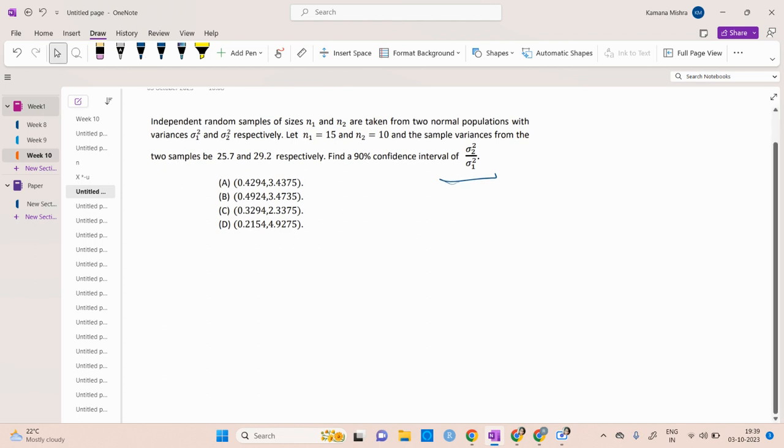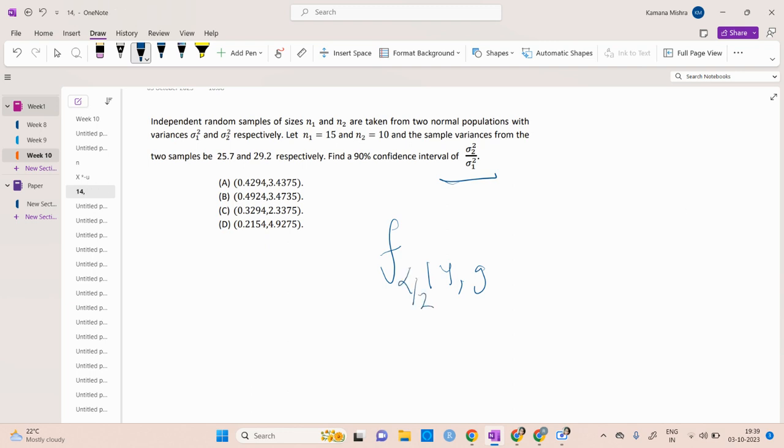So now we need to find the 90% confidence interval for this. So firstly it will be F with 14, 9, and then alpha by 2, to F 1 minus alpha by 2 and then 14, 9.